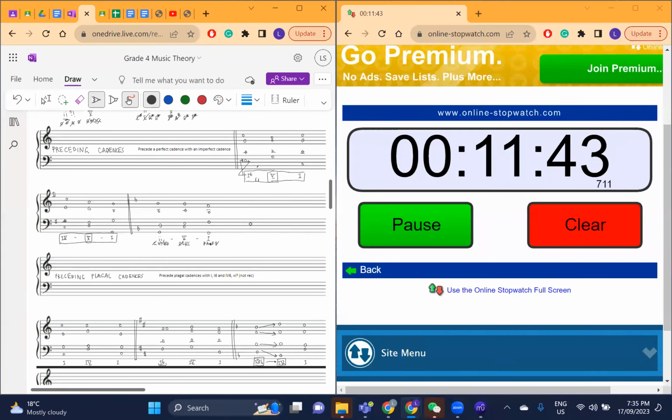No, you need to write a total of six chords, right? You choose three chords from here and three chords from here. So perfect cadence. These are all perfect cadences. And these are all plagal cadences. I just need you to choose one from each of these lists. So you need to write two chords. You need to write two cadences. Cool.